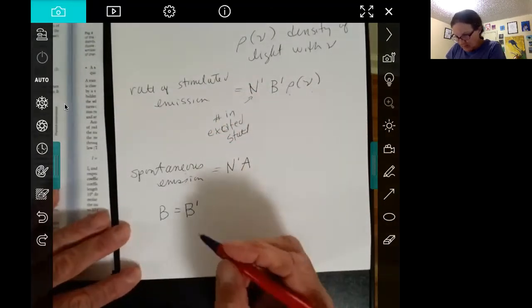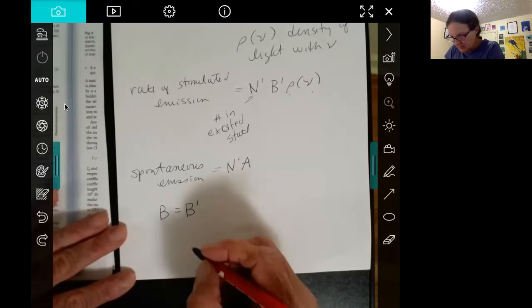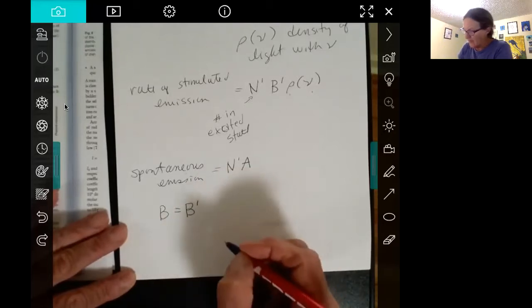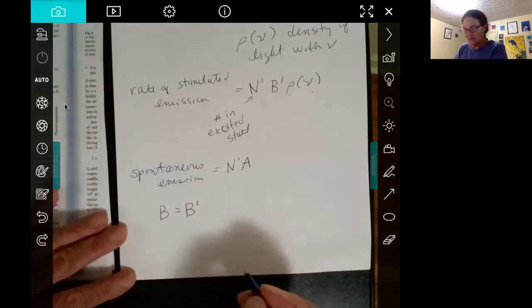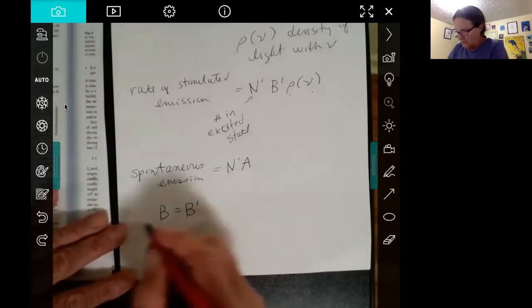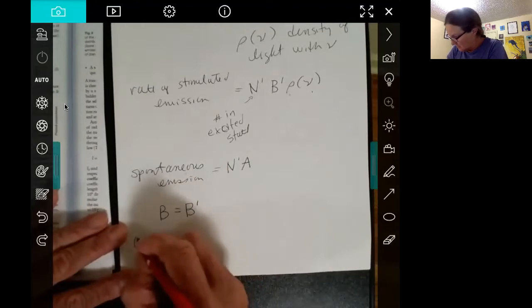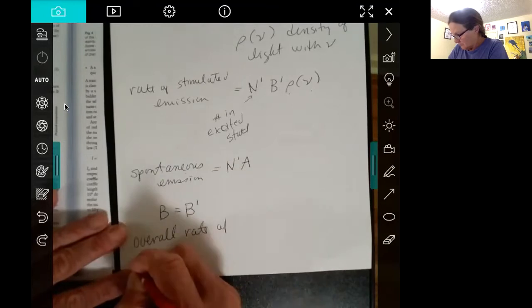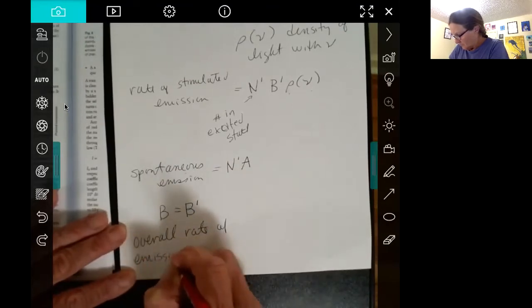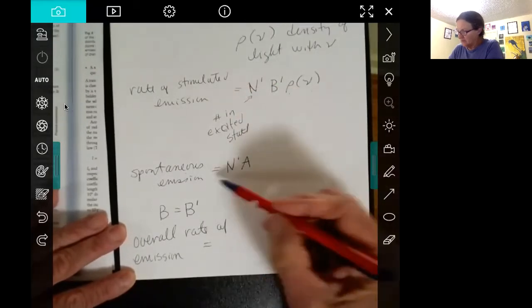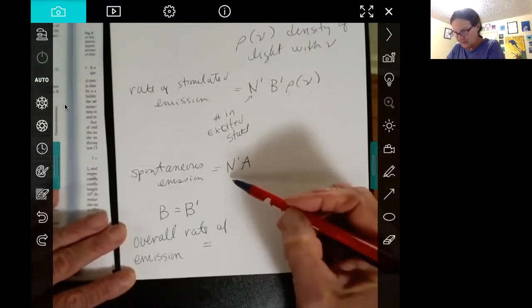So the overall rate of emission, I want to first start with the overall rate of emission, and then we'll get to the overall rate of net absorption. So that's just going to be the stimulated emission plus the emission that occurs just naturally.